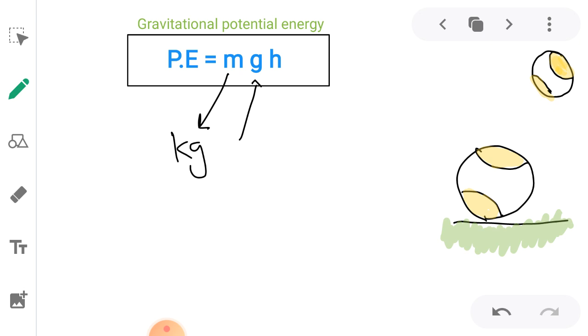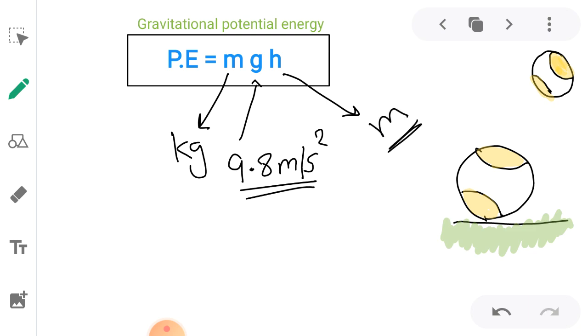It means the acceleration due to gravity, and it is a constant value, which is 9.8 meters per second squared. Okay, it's a constant. We're not going to give it to you in the problems because you have to memorize it. It doesn't change. The h is the height, and the height is measured in meters.